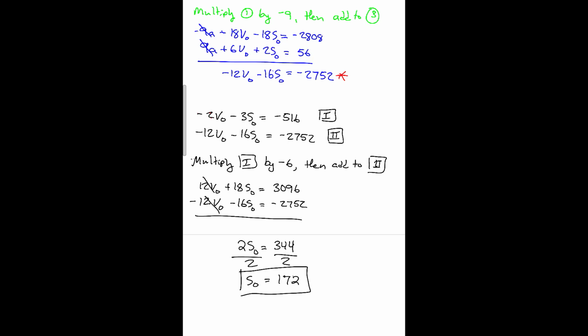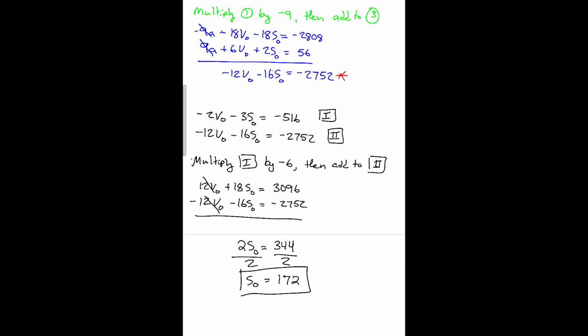Here we can take this s naught and back substitute. We can back substitute our 172 into either of the two equations, Roman numeral 1 or Roman numeral 2. I back substituted it into Roman numeral 1.